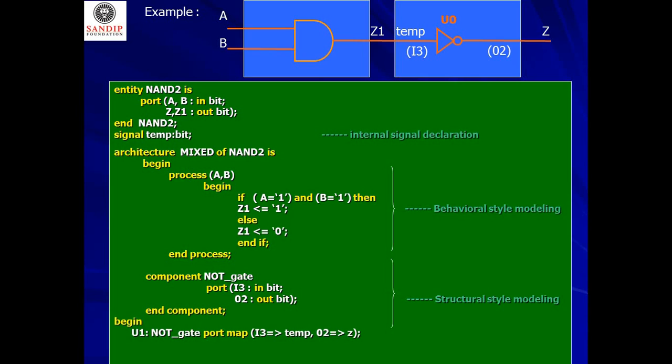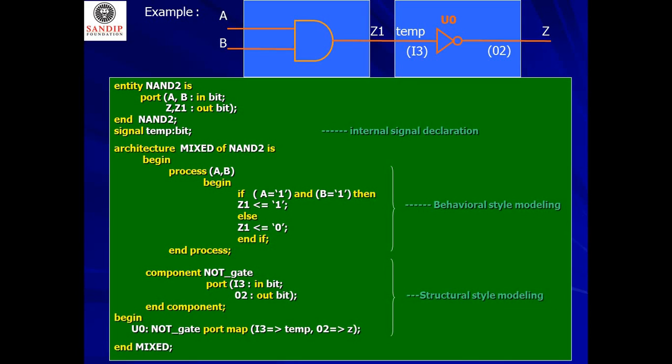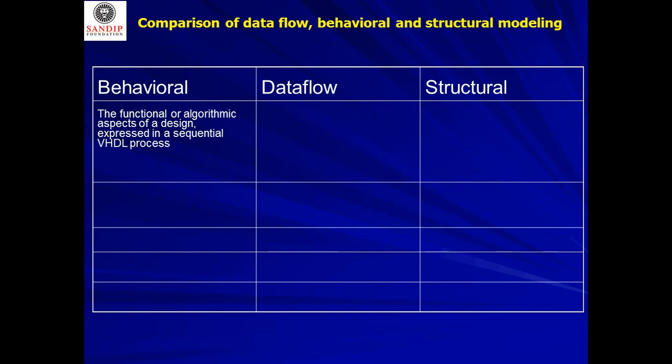After begin, here we have to initialize the component by using the port mapping step. U1 colon NOT_gate port map I3 is connected to the temp and O2 is connected to the Z. End of the mix.